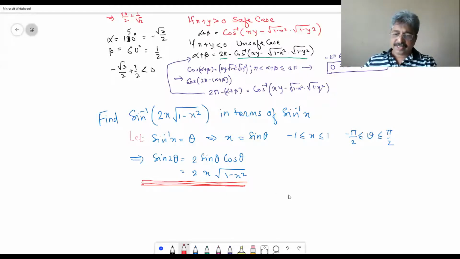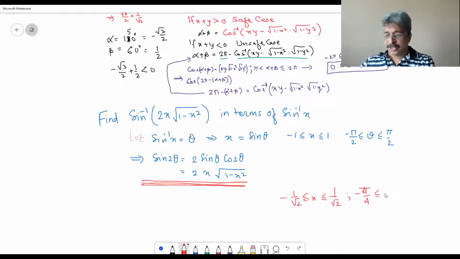So if your x is between minus 1 upon root 2 and 1 upon root 2, it implies that minus pi by 4 is less than or equal to theta, less than or equal to pi by 4, which implies minus pi by 2 less than or equal to 2 theta less than or equal to pi by 2.